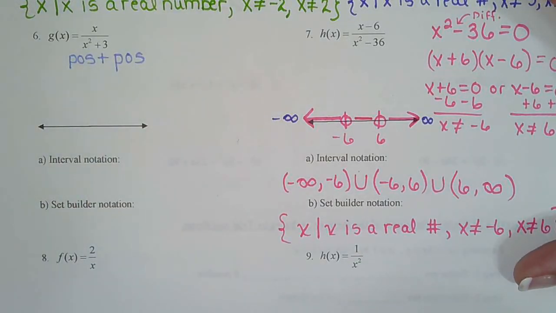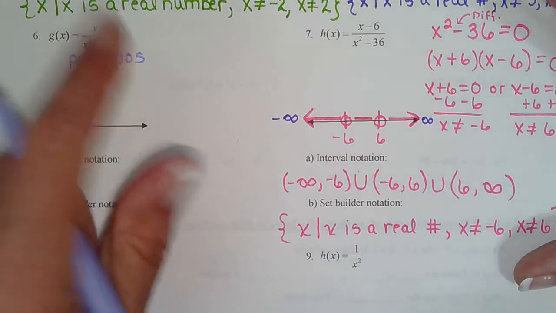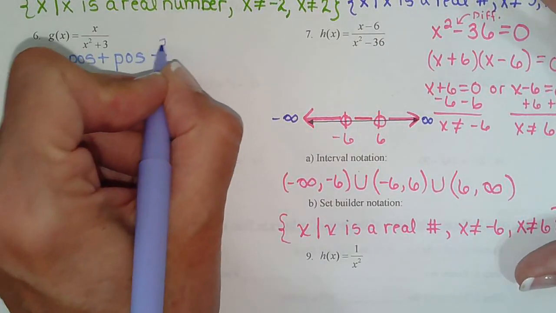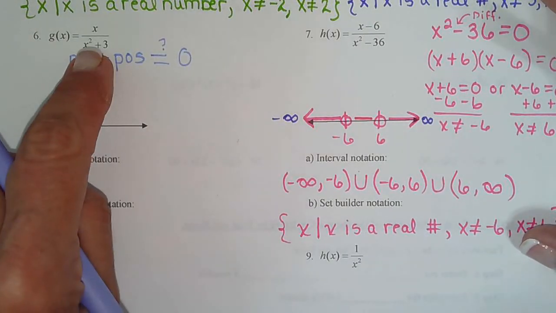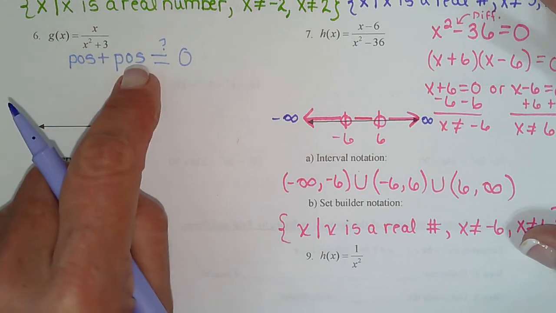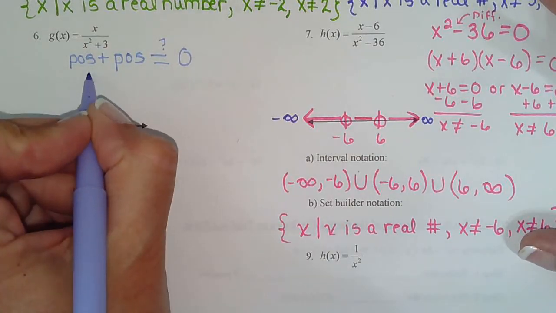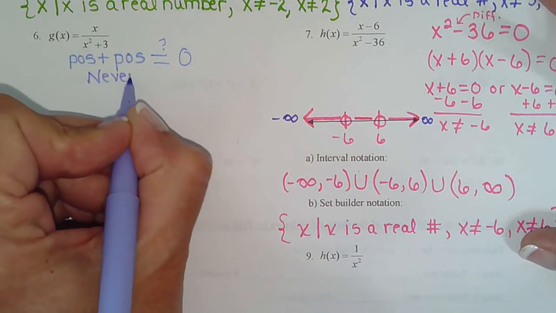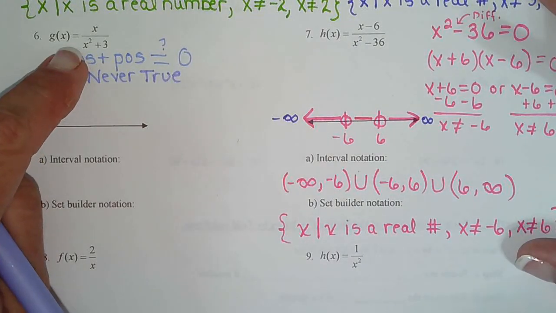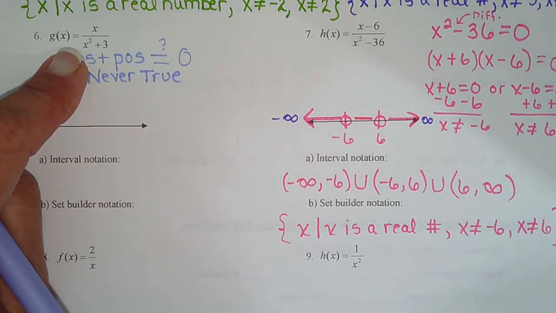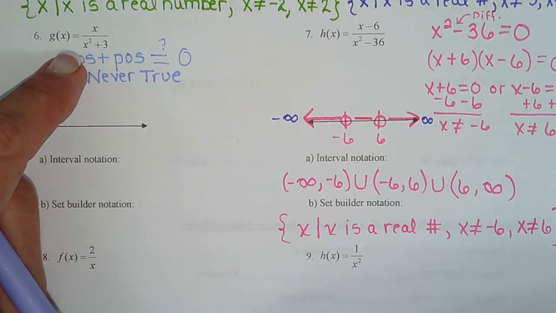Could that ever be 0 when I add two positives? Can a positive plus a positive equal 0? Never. Because this has to be a positive. This we can see as a positive. That's never true. So do you know what that means? Nothing will make this denominator 0. Nothing real. We will find out later there'll be imaginary numbers that work.